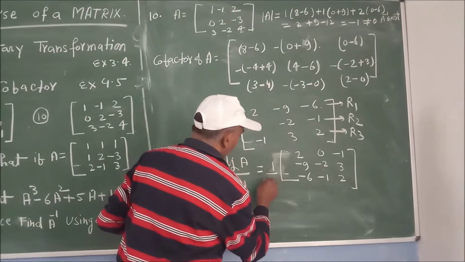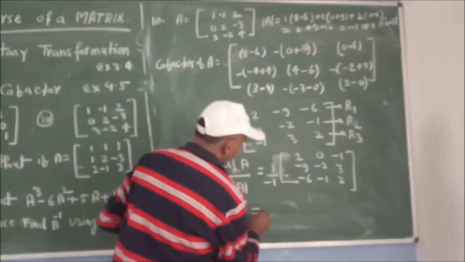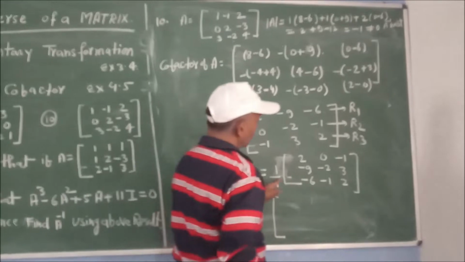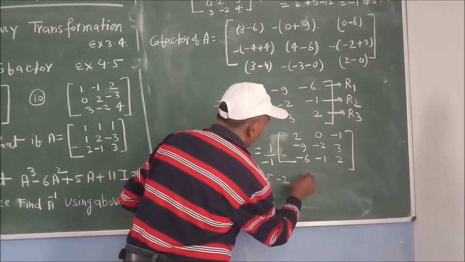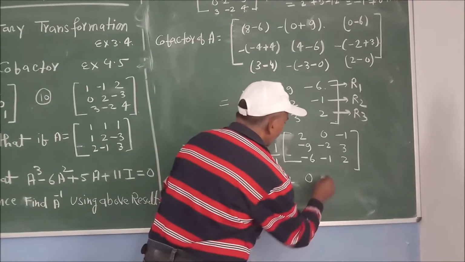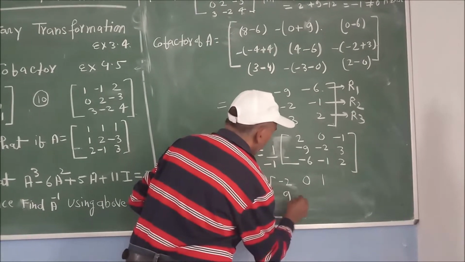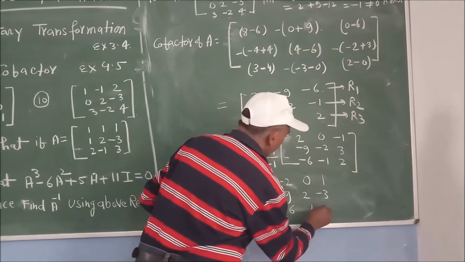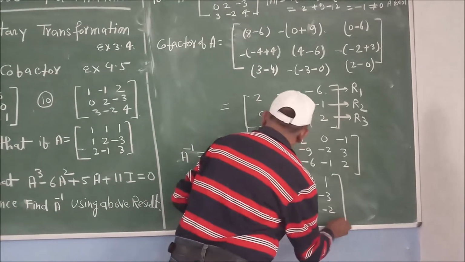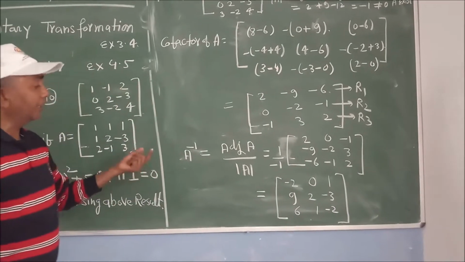This will equal 1 by minus 1. So if you bring this minus sign inside the brackets, this can be written as minus 2, 0, plus 1, 9, 2, minus 3, 6, 1, minus 2. So this is the inverse of A.